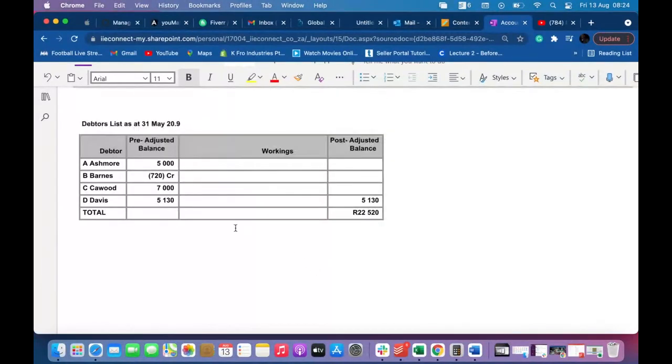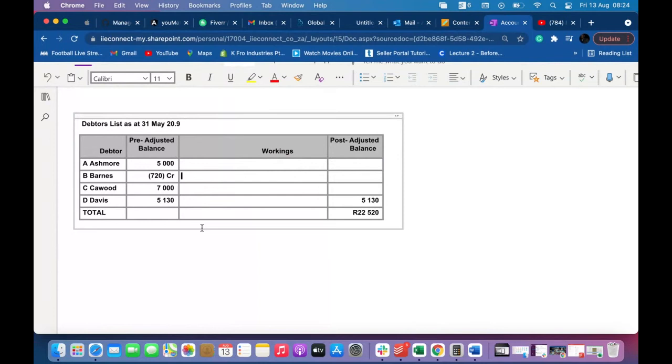So what we're going to do here is, for B Barnes' account, remember it's a return, so it would have been a deduction off of his account of 720. Which then makes sense as to why he has a negative balance, right? So to rectify that, we need to add 720 to cancel out this entry that was not supposed to go off his account.